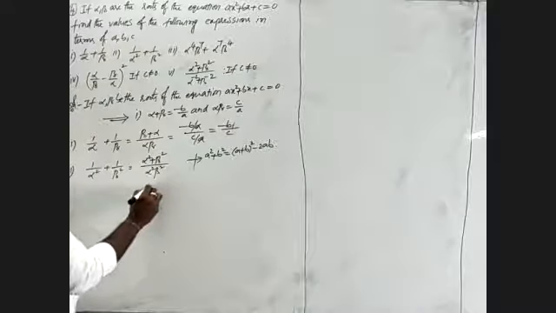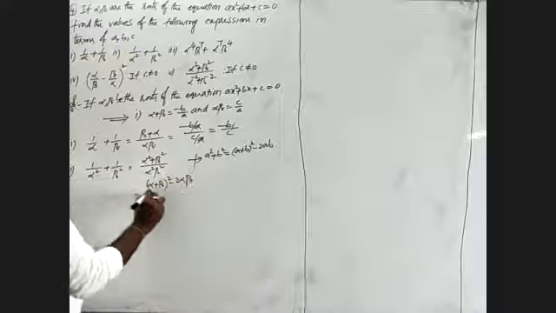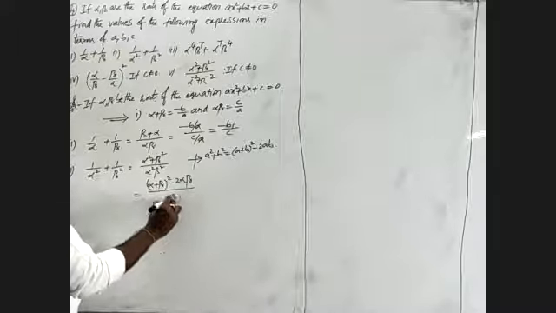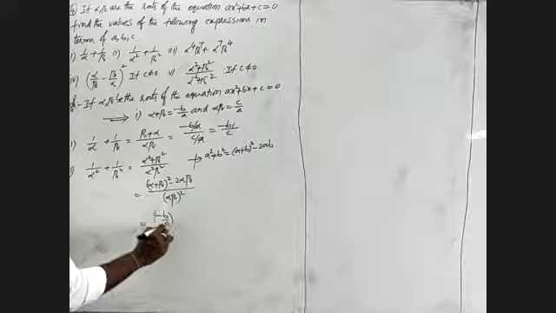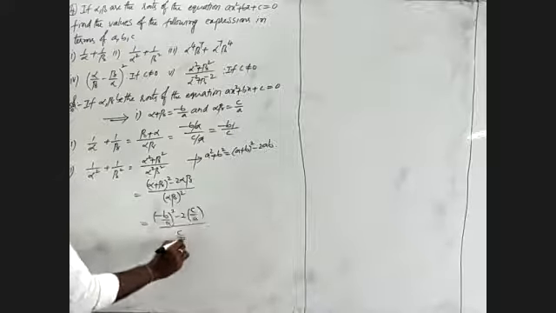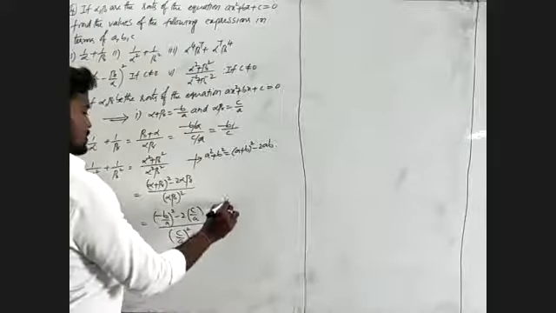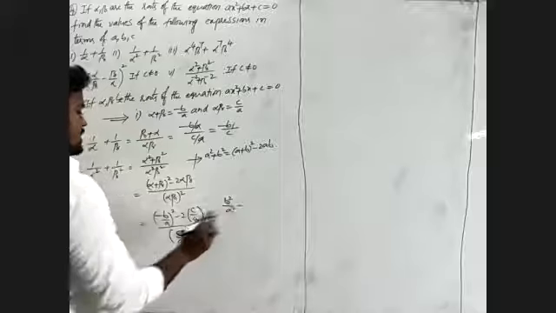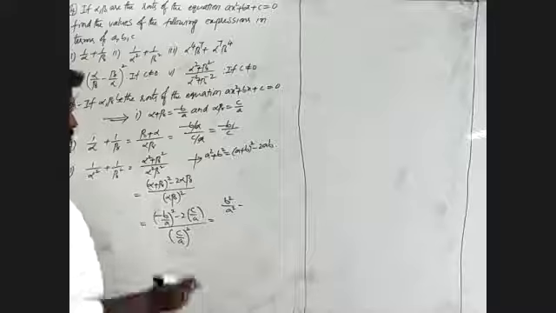So here we write alpha plus beta whole squared minus 2 alpha beta by alpha beta whole squared. Alpha plus beta is minus b by a whole squared, by c by a whole squared. That gives b squared by a squared. The denominator has only a, so the numerator and denominator can be multiplied and divided by a.